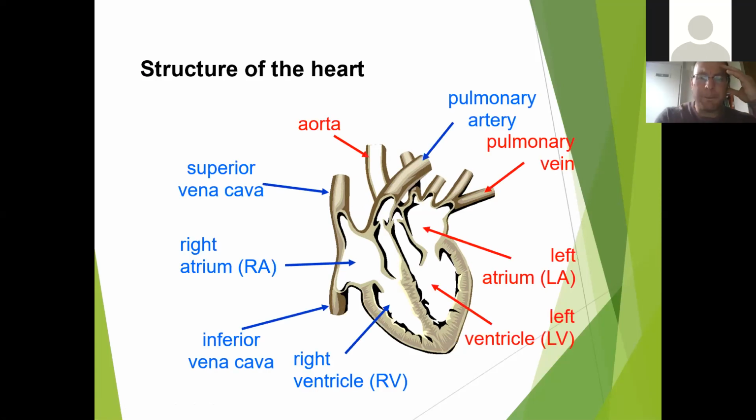Now, looking at that picture, so fastest fingers then, where do we receive deoxygenated blood from the body? Give me the blood vessel, please. The blood vessel that brings back deoxygenated blood from the body. Thank you, Luke. Yeah.